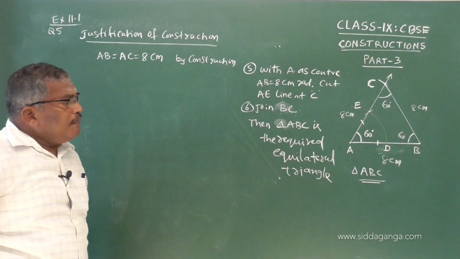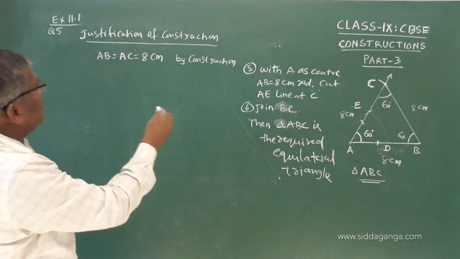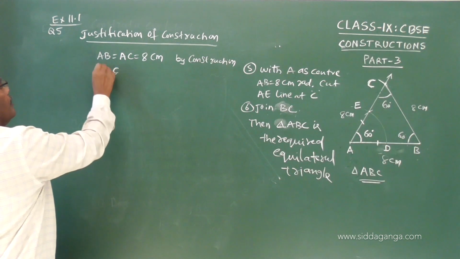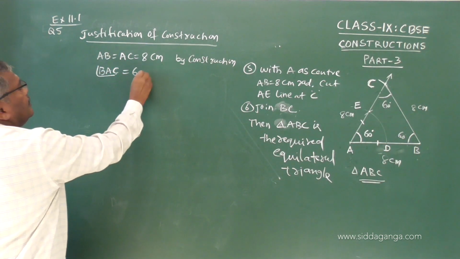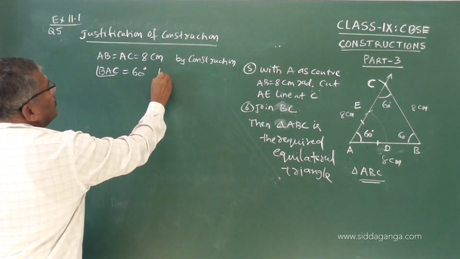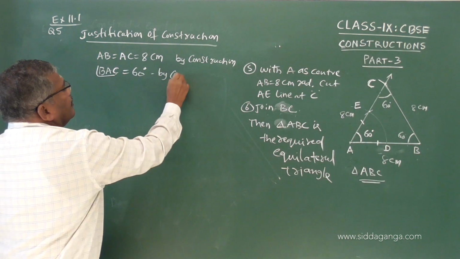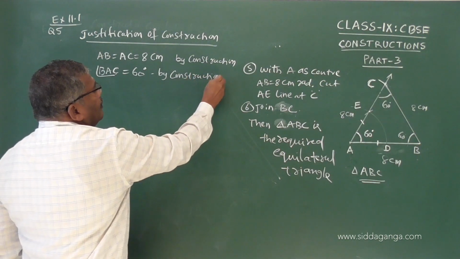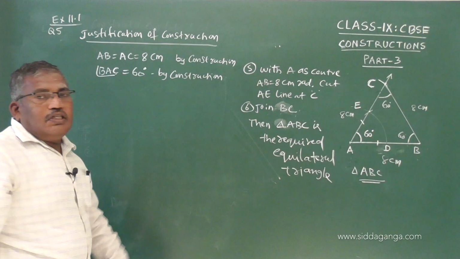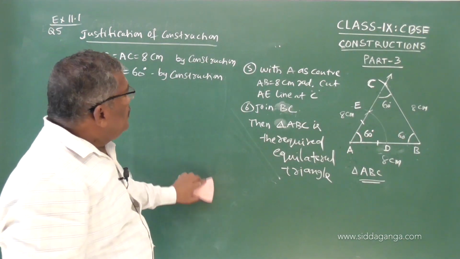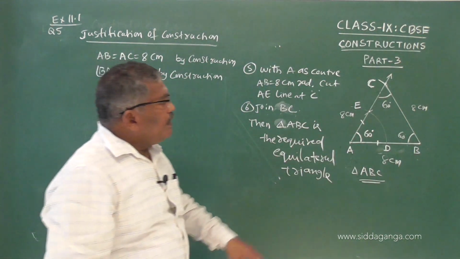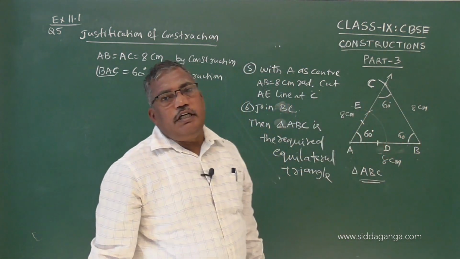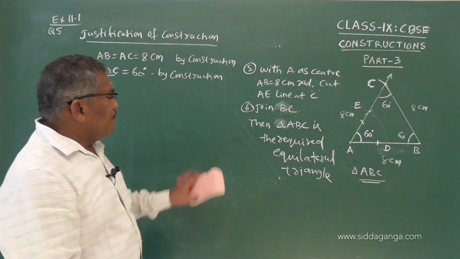And at the same time, angle BAC is equal to 60 degree. This is also by construction. Now what is to be proved? We have to prove that this side is 8 centimeter and these two are 60 degree, 60 degree. If you prove that, it is enough.